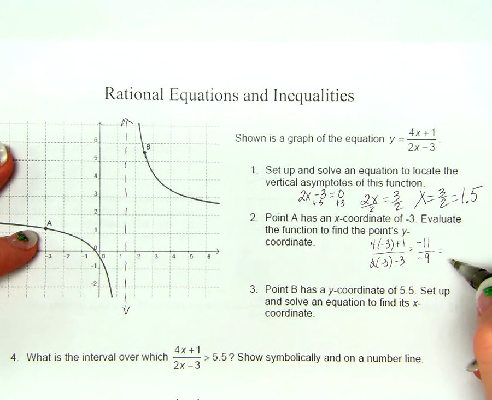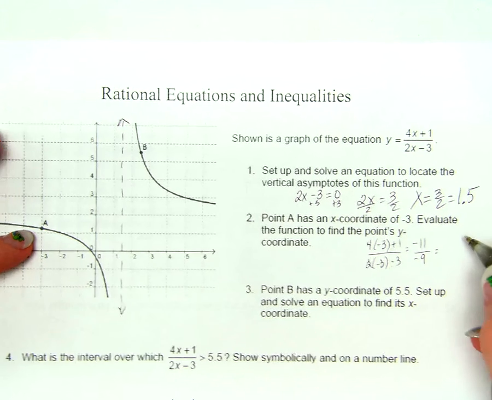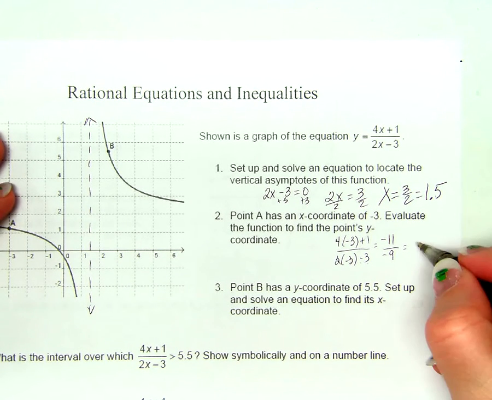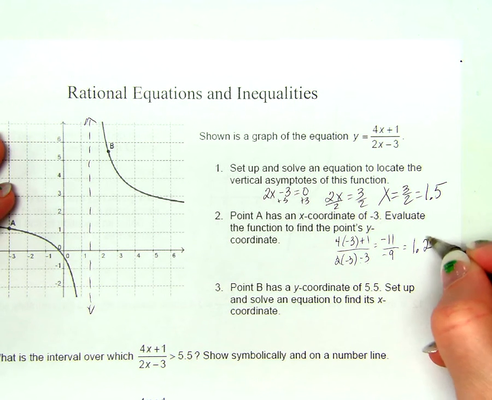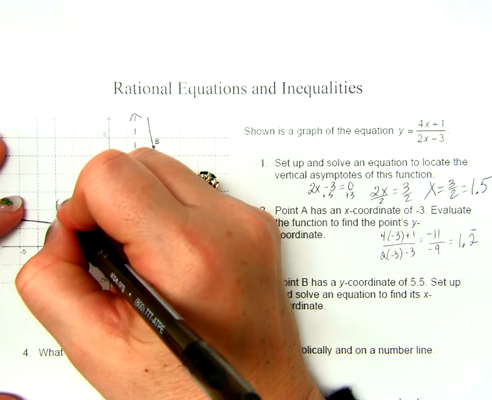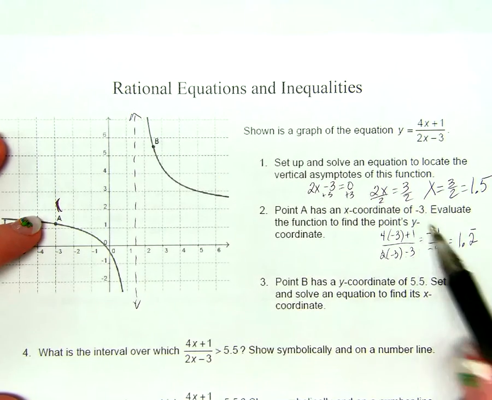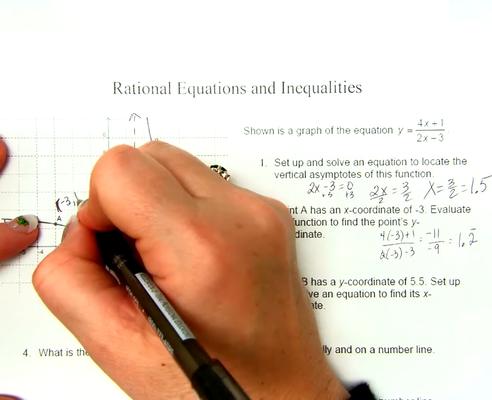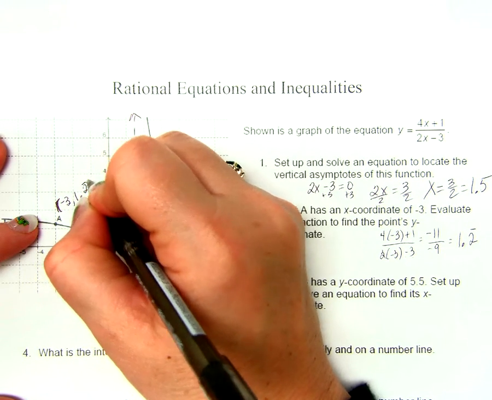Equals 1.2 repeating. So this point right here, the x-coordinate is -3 and the y-coordinate is 1.2 repeating.